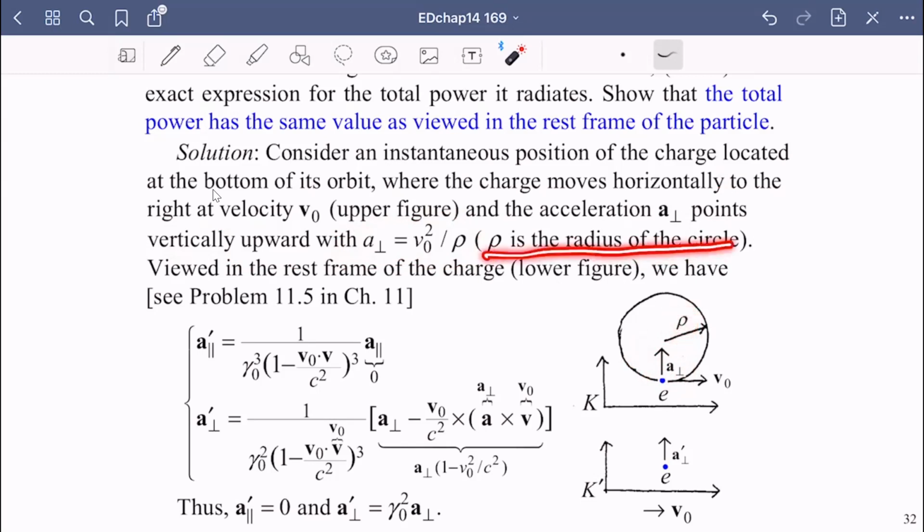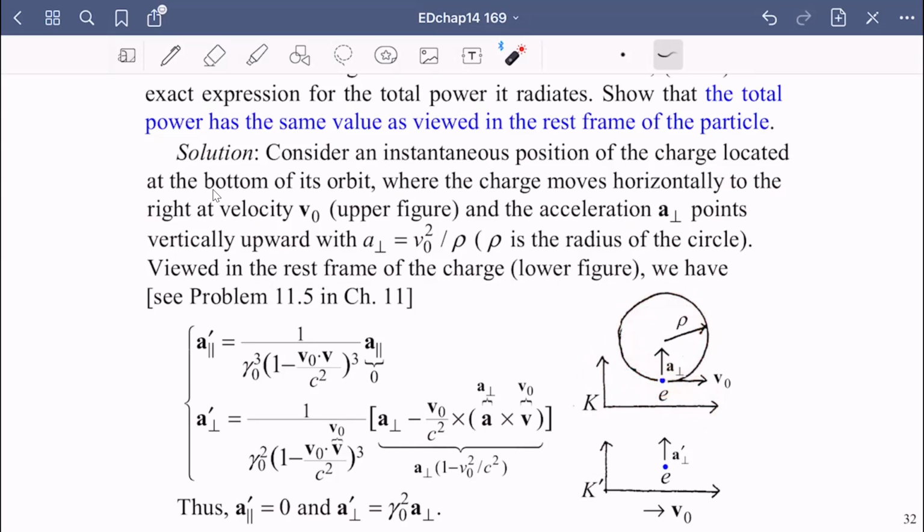Rho is the Larmor radius. Well, it's circular motion, not always the Larmor radius. Okay, now the rest frame of the charge. If we move with the charge, what will happen? We have two frames. This is the lab frame, where you see the particle move circularly.